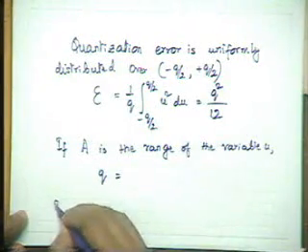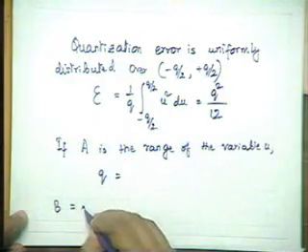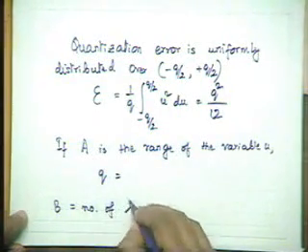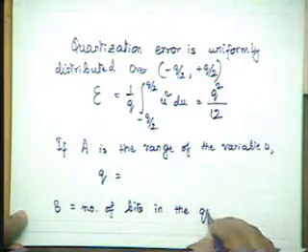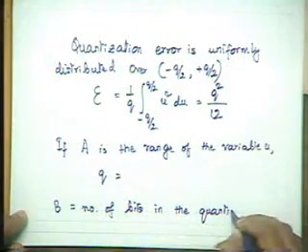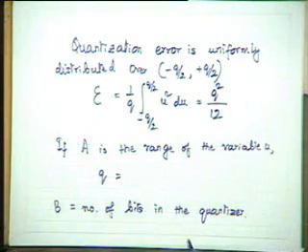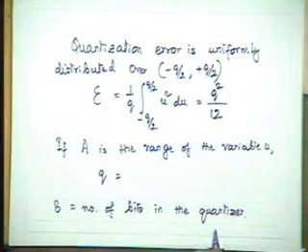Let us assume that we have B as the number of bits in the quantizer. So the quantizer is designed with B number of bits. If we have that, then what is going to be the Q in terms of A and B?